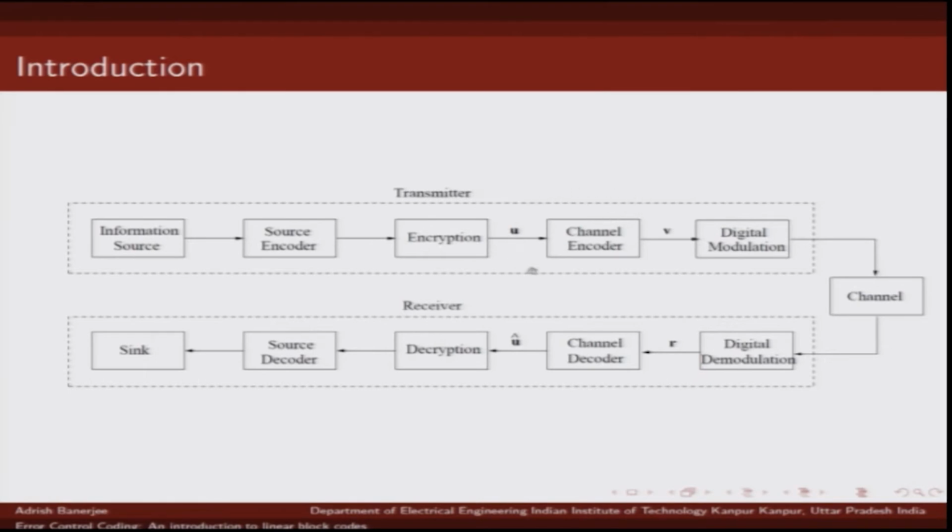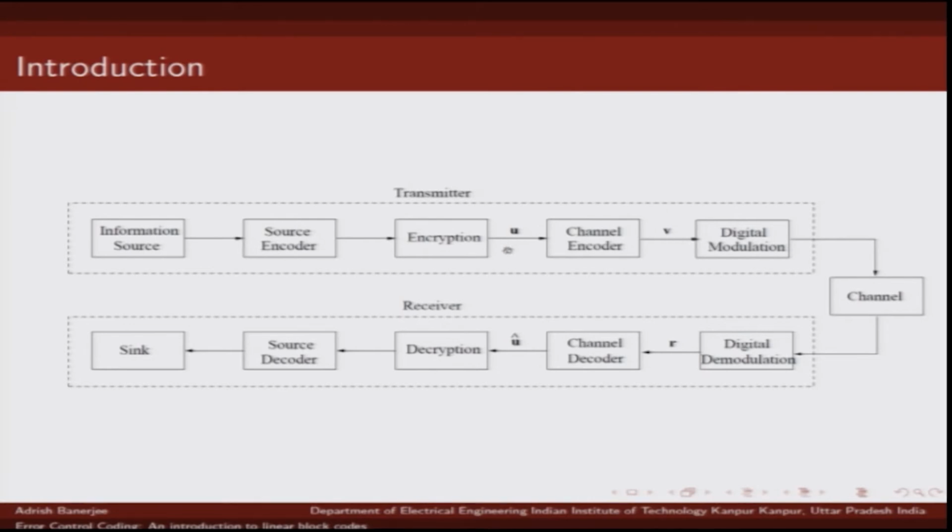The next block, which is of our interest in this course, is what is known as the channel encoder. It takes as input information bits and gives as output the coded bits.